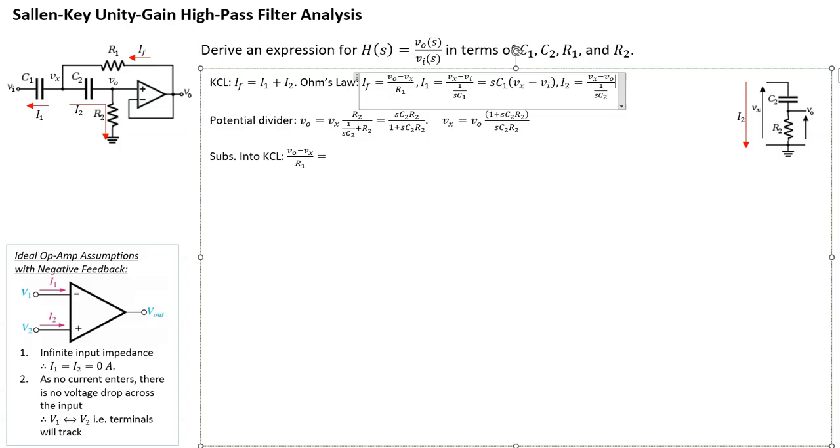And then for I2, again, I'm just making it a bit simpler. So it's going to be SC2, and it's going to be Vx minus Vo. All right. Okay, so that's what I'm going to use for my I1. So this is my I1.